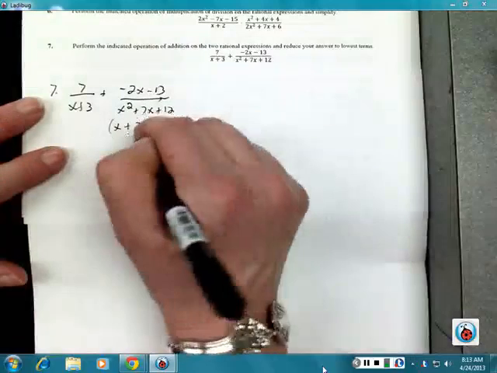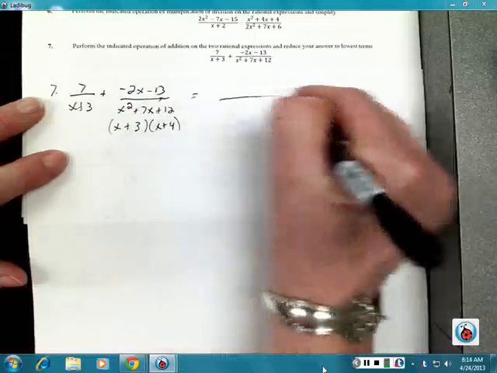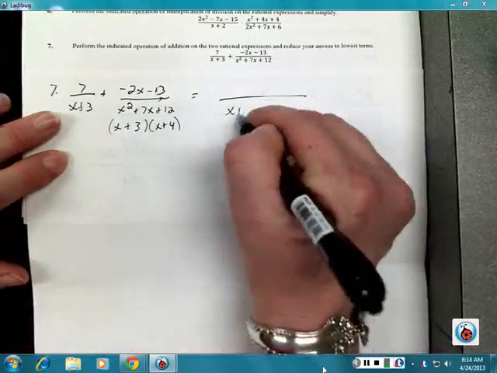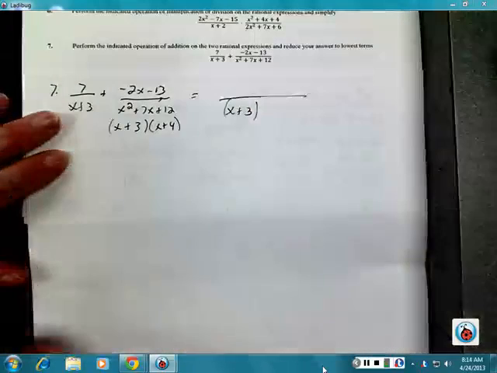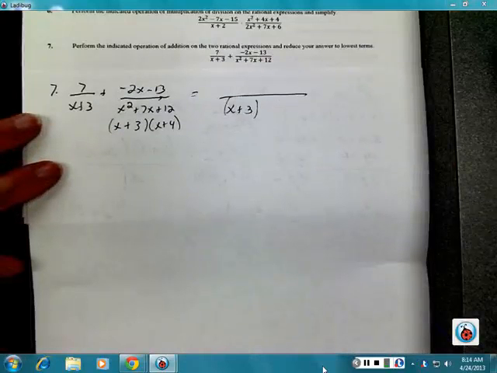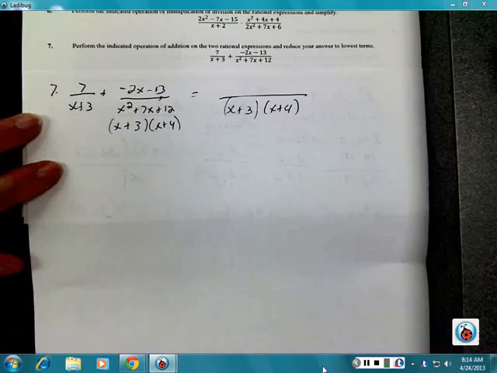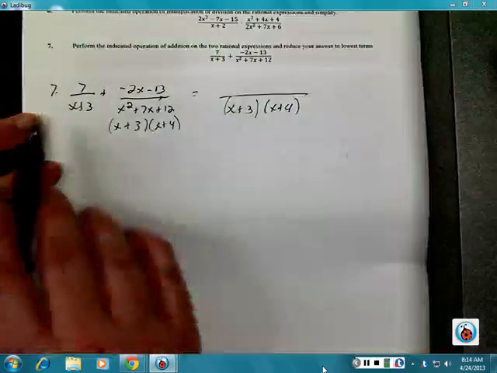Yes, x plus 3 and x plus 4. So my new LCD is everybody from the first one and what I need from the second one. So what do I still need from the second one? X plus 4. Yep. So I need an x plus 4 for that one. And then I need to build equivalent fractions.